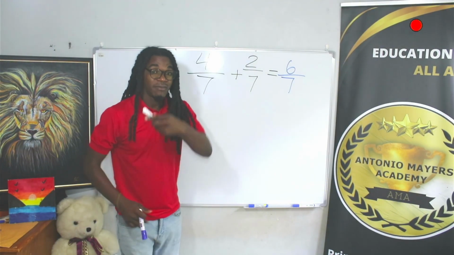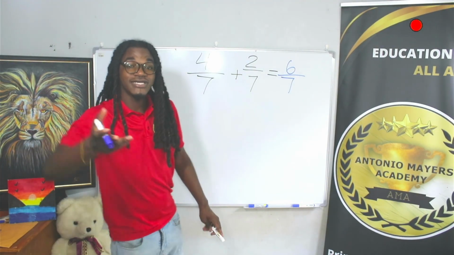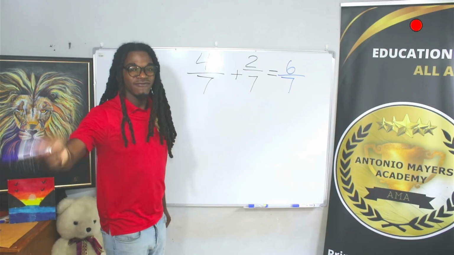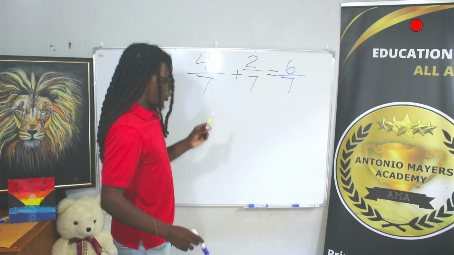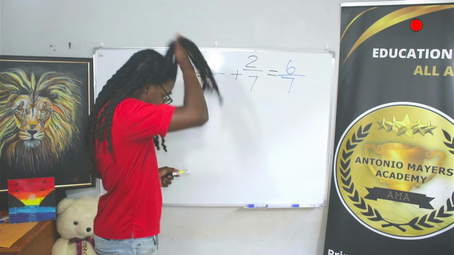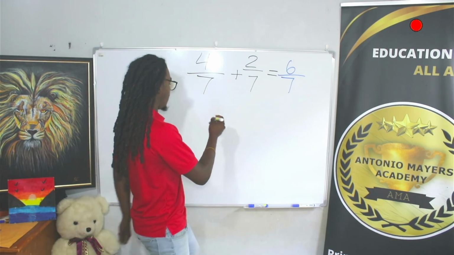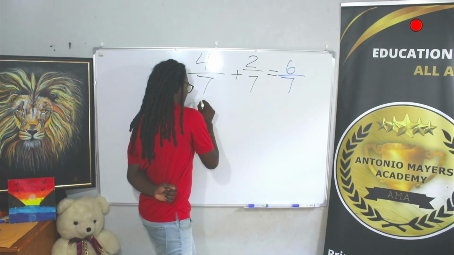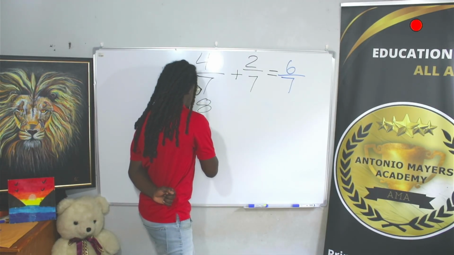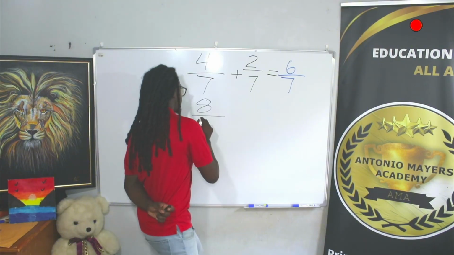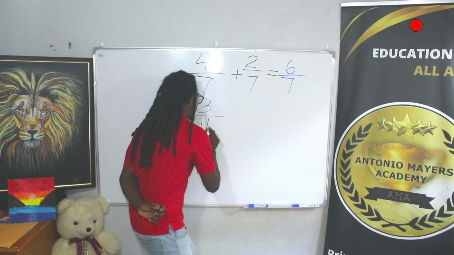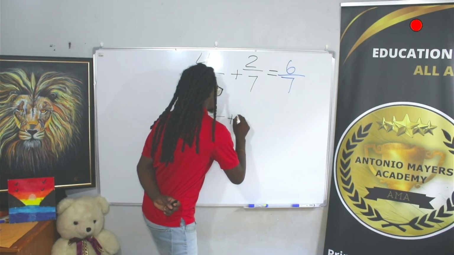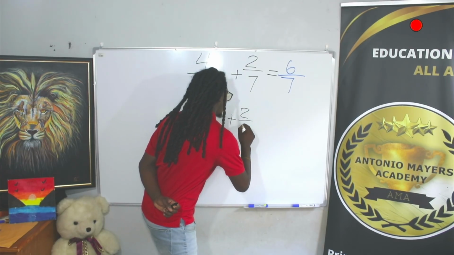Alright? Let me give you two more examples. And then I will give you some additional work to do if you want the practice. Alright? So now, let's just say it was something like this. 8 over 11 plus 2 over 11.